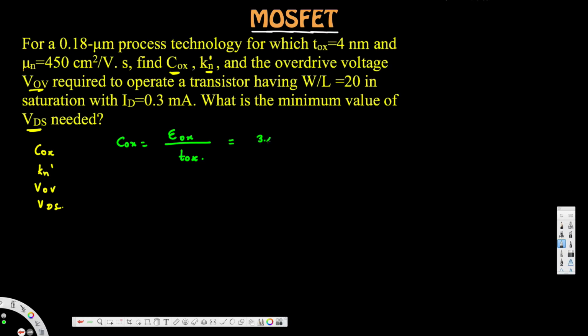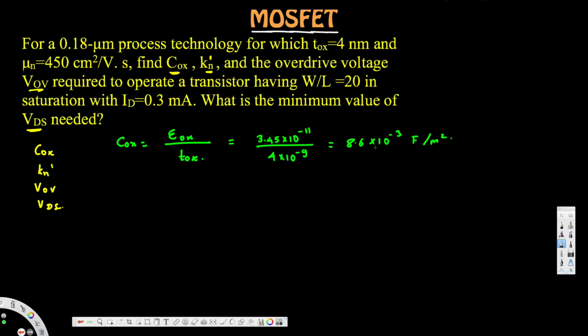That's going to be 3.45 times 10 to the power of minus 11, and then oxide thickness TOX is equal to 4 nanometer, 4 times 10 to the power of minus 9. That's going to give us 8.6 times 10 to the power of minus 3 farad per meter square.